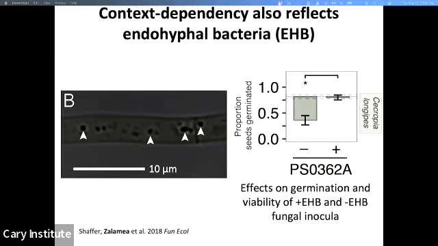And what we saw is that when the seeds were inoculated with the fungus without the bacteria, that fungus was really pathogenic. But when the seeds were inoculated with the bacteria, then the fungus is not pathogenic at all.